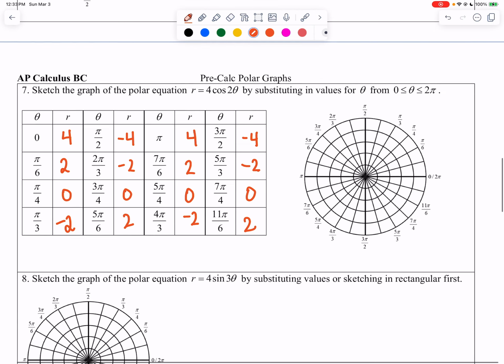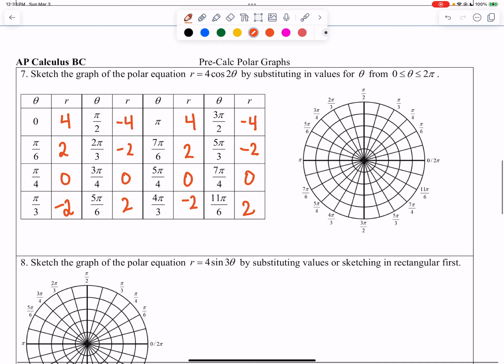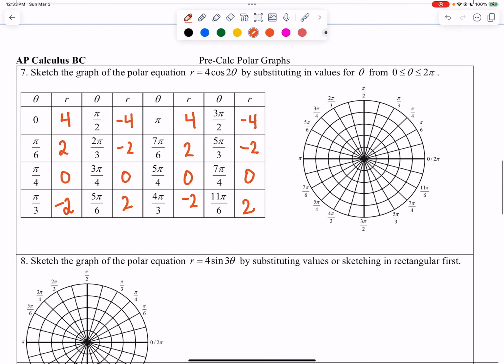They should have been quick, even though they were a lot. Here, we are going from 0, 4, so 1, 2, 3, 4. Then at pi over 6, we are at 2. At pi over 4, we're at 0. And then at pi over 3, we are at -2.